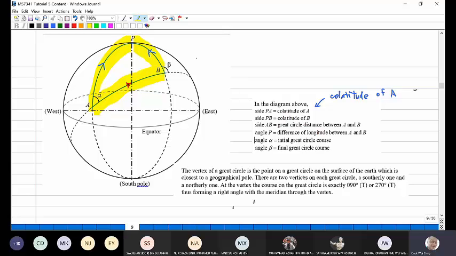Now this angle P here is equal to the difference between the longitudes of A and B. So A has a longitude, B has a longitude. Find the difference between them. So that is the difference between the longitudes of A and B, angle P.